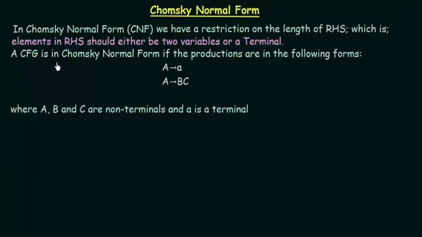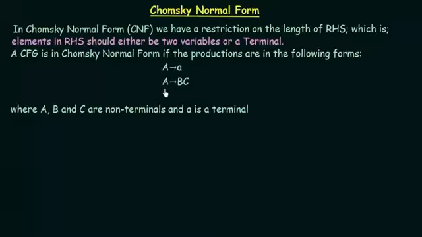A CFG is in Chomsky normal form if the productions are in the following forms. Here we have two productions given. The first one says A gives small a. Here capital A is a variable or a non-terminal symbol, and small a is a terminal symbol. So in the RHS there is just a single terminal symbol, and then it is in Chomsky normal form.